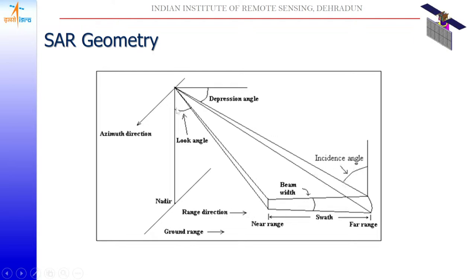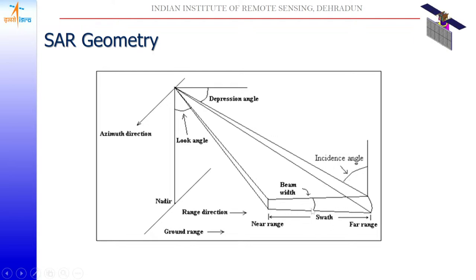This is the look angle, which the SAR beam forms with respect to the nadir. And the incident angle is what the SAR beam makes with the normal to the surface. For a plane surface, the look angle is approximately equal to the incident angle.